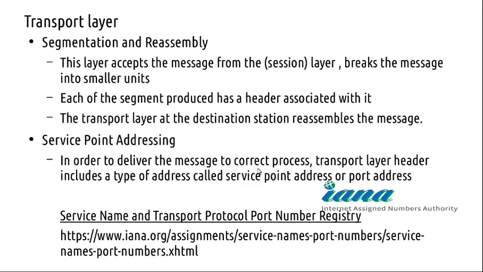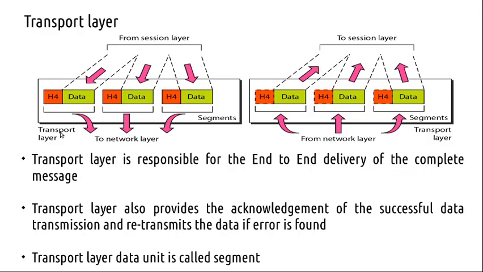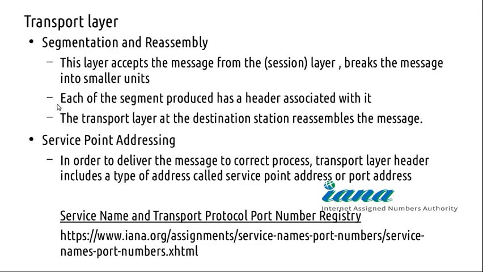You need to deliver the message to the correct process running on the receiver. You receive a message from the sender side from some application software running at a higher layer, which communicates with the transport layer, and the transport layer assigns something called a port number, or port address or service point address, to that message so that it will be delivered to the correct process on the receiver side.